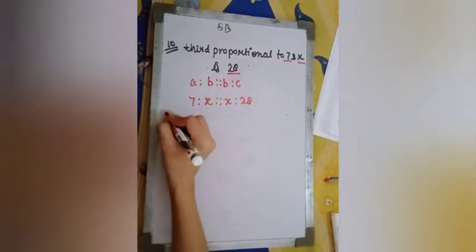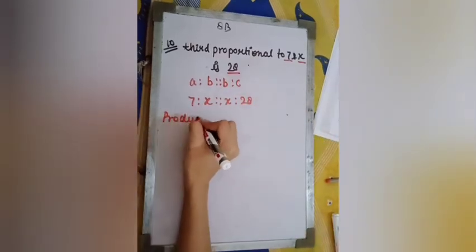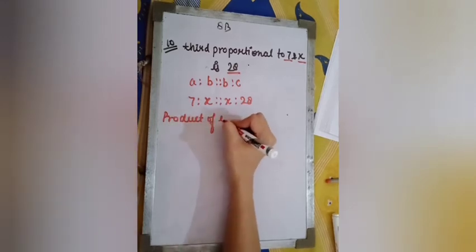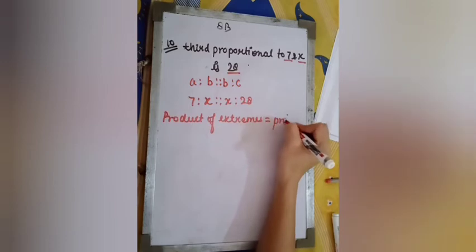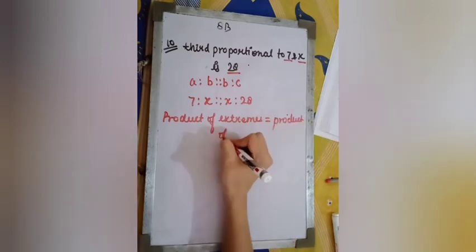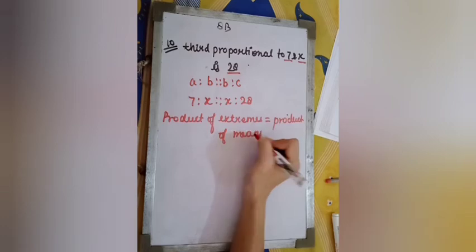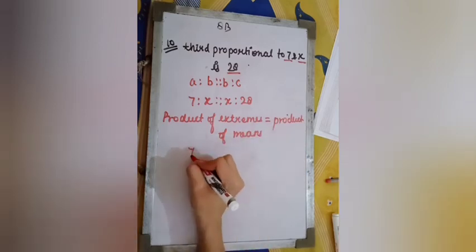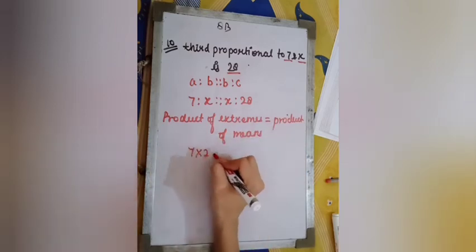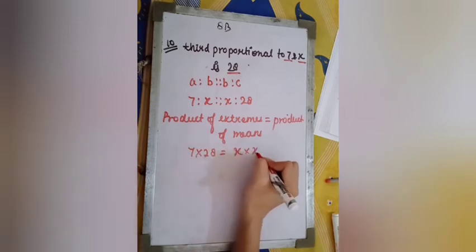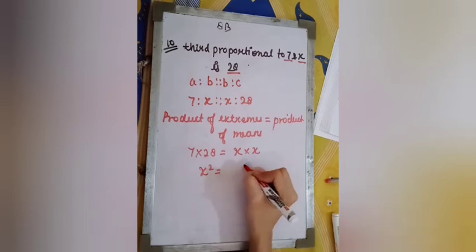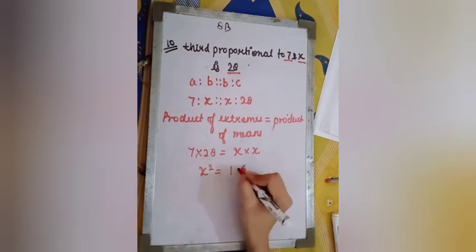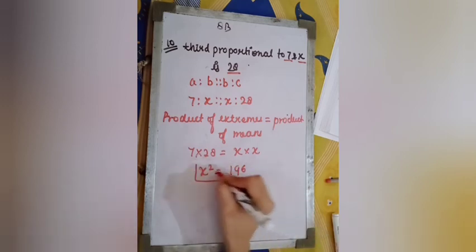Now use the formula: product of extremes equal to product of means. 7 into 28 equals x into x. So x square will be 7 8s are 56, 7 2s are 14, so 196. Now from here find the value of x.